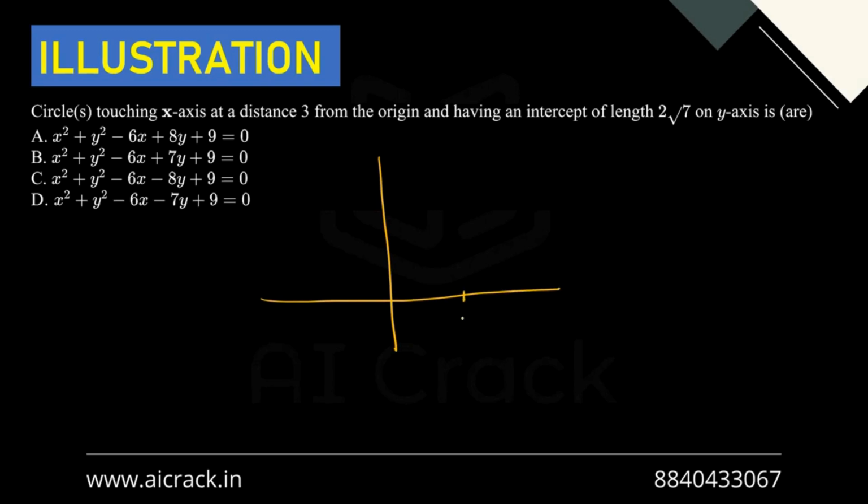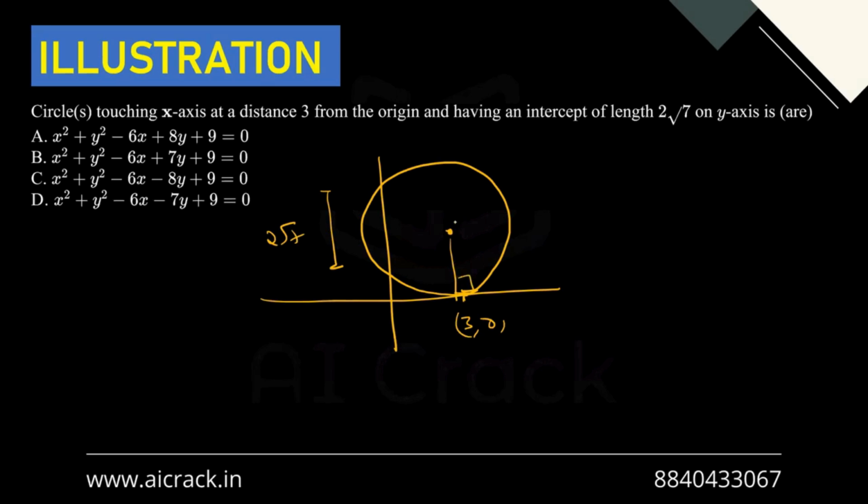So we have this circle, and this distance is 3, 0. So basically, the circle is touching at this particular point. Okay. Now the circle is forming like this. And let's say this is the center. This distance is 2 root 7. Now we know that radius is perpendicular to tangent. At this particular point, radius is perpendicular to tangent.